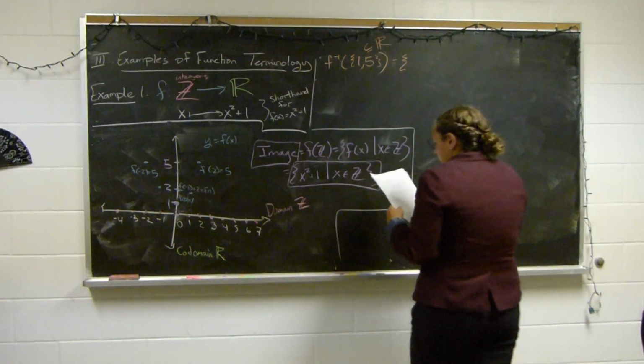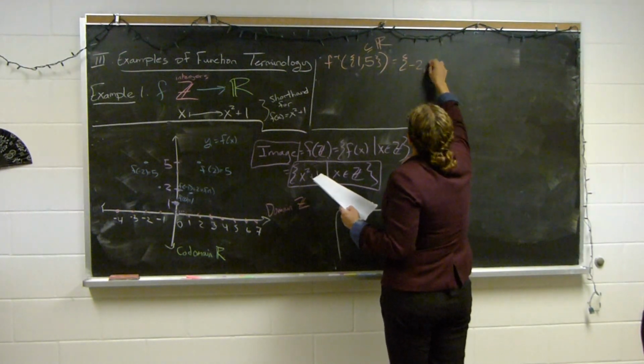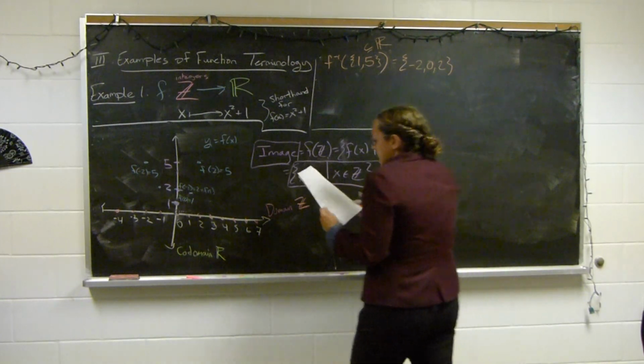So now I'm going to look at this, which is a subset of R, and this is going to end up being minus 2, 0, and 2. Why is this?